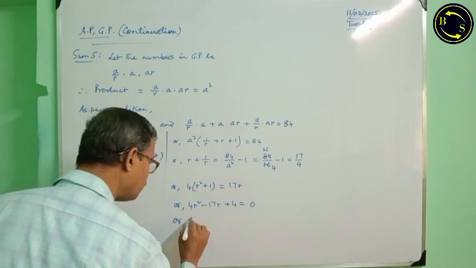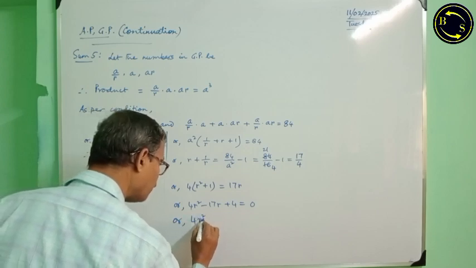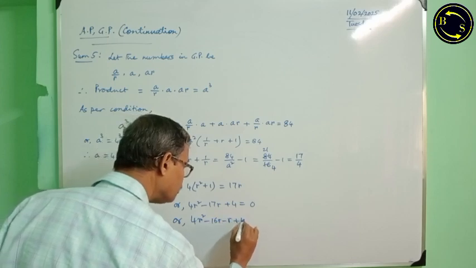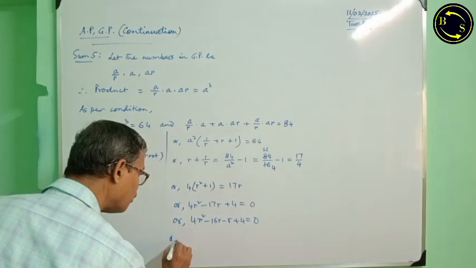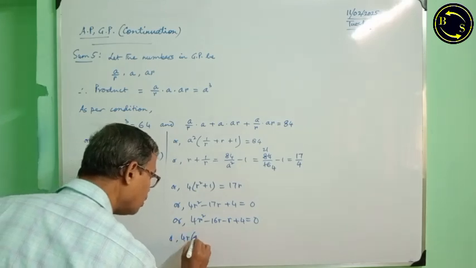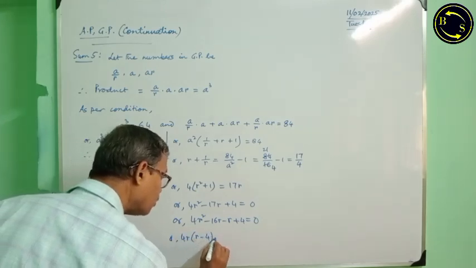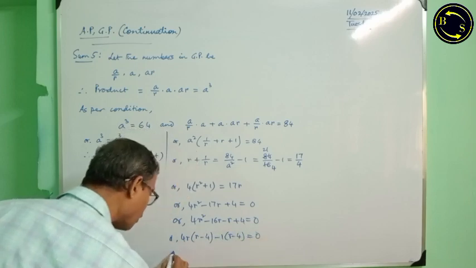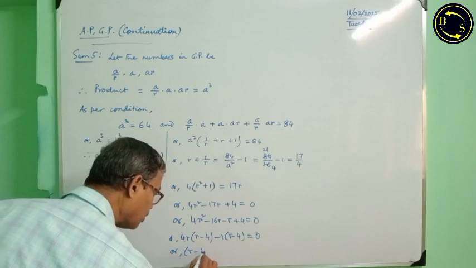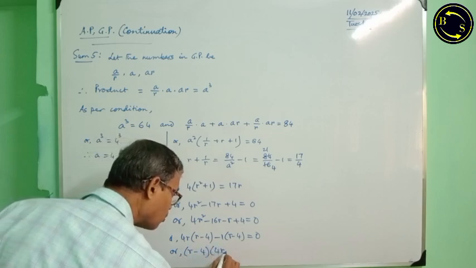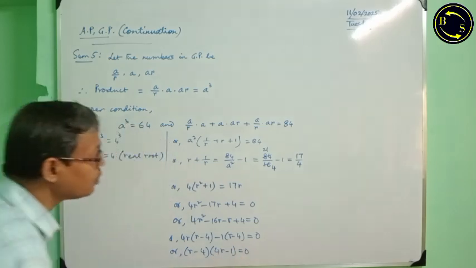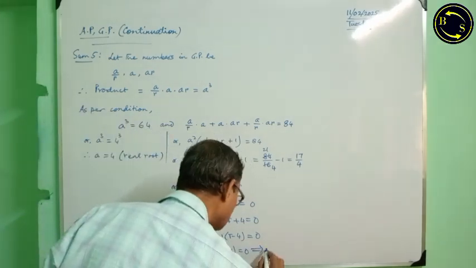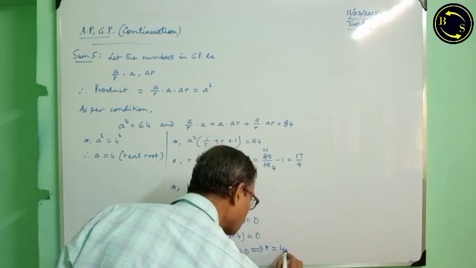Now we solve the quadratic equation. 4r squared minus 16r minus r plus 4, or r minus 4 into 4r minus 1 is equal to 0. From that we get the values of r, 4 and 1 by 4.